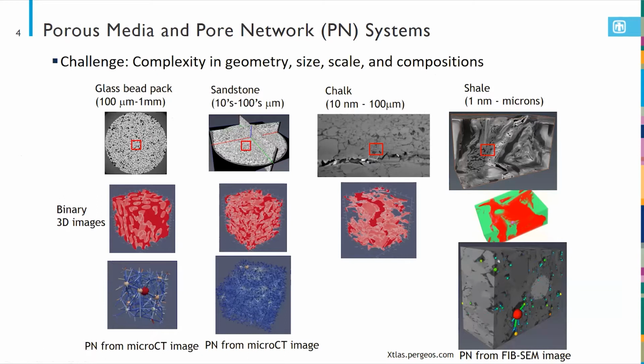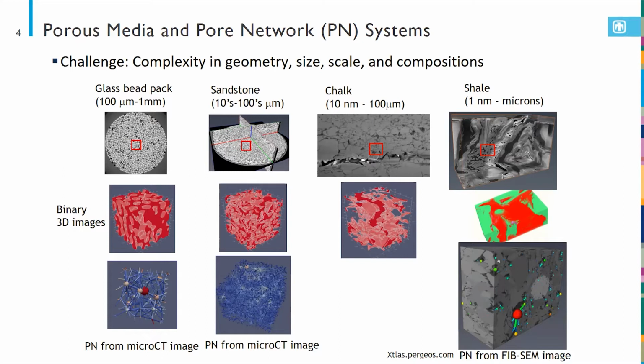The big challenge of these data sets is that the geometry, size, scale, and composition are quite different across these examples. Also, if you look at the connectivity, the bottom line shows pore network models extracted from these images in 3D, which have quite different scales and complexity. So it is really difficult to account for all this complexity directly.